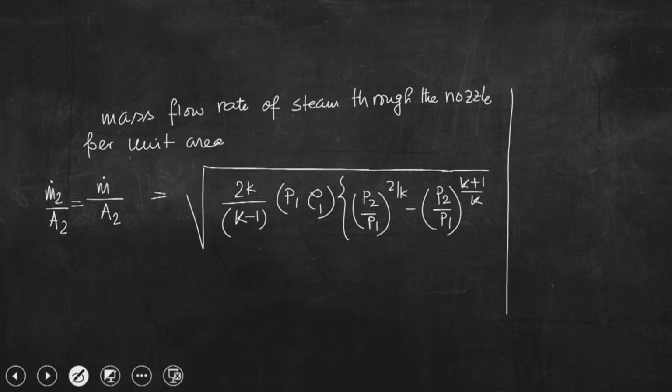So, for constant P 1, rho 1 and k, the quantity m dot by A 2 is a function of P 2 by P 1. Because if we consider that the pressure of steam entering the nozzle is constant, the density at that cross section is constant, and k is also constant, then this quantity is a function of P 2 by P 1. In fact, that is what we discussed in the last class.